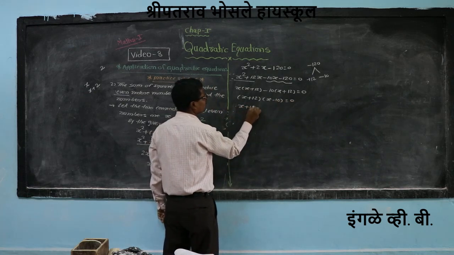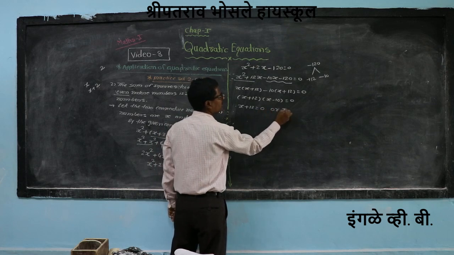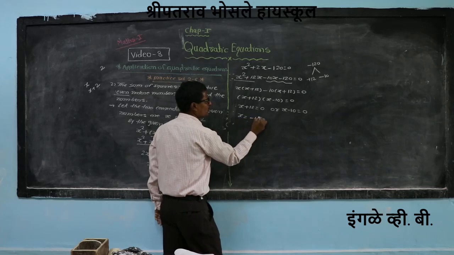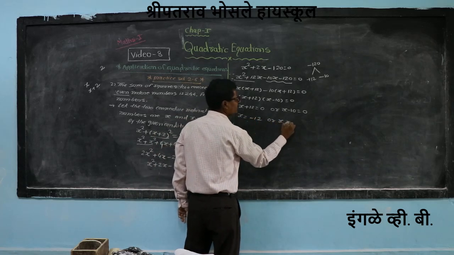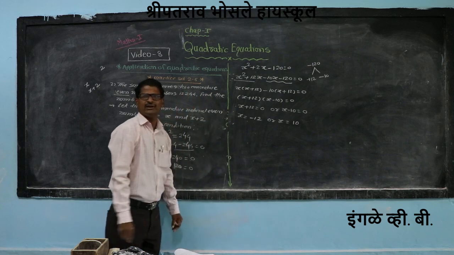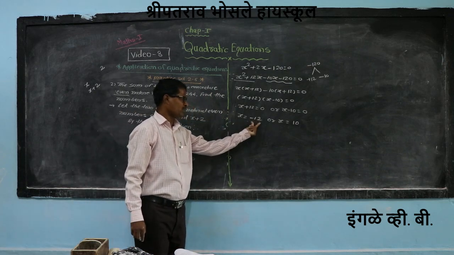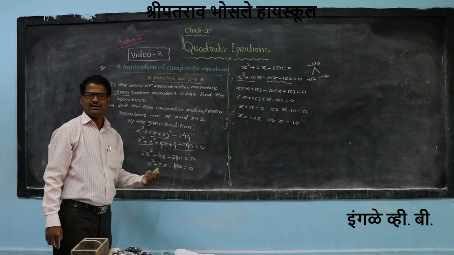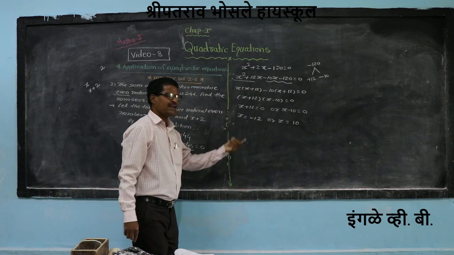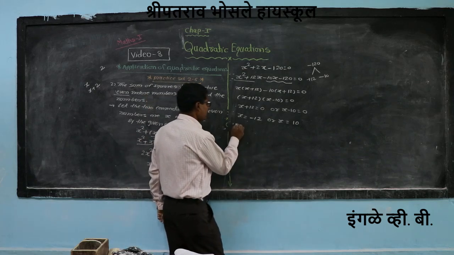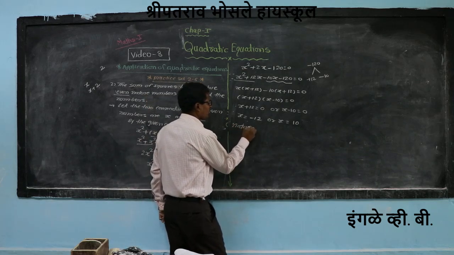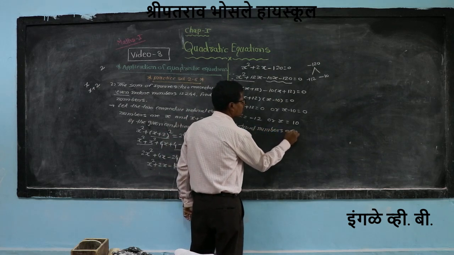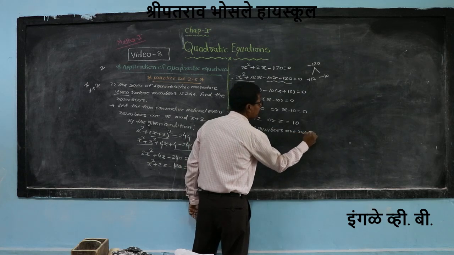x plus 12 is equal to 0 or x minus 10 is equal to 0. x is equal to minus 12 or x is equal to plus 10. Here we get the two values. But we have to find the even natural numbers, and natural numbers are not negative.